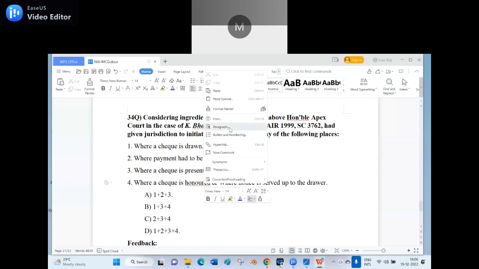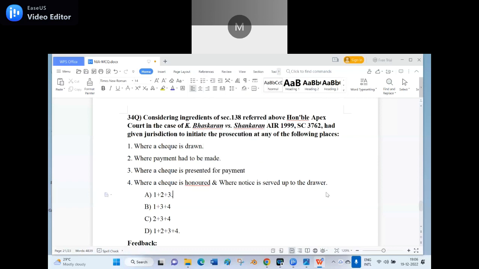Anyone? Option A, 1 plus 2 plus 3. Suppose I say that is the right answer, can you show me the reason why 4 is wrong?